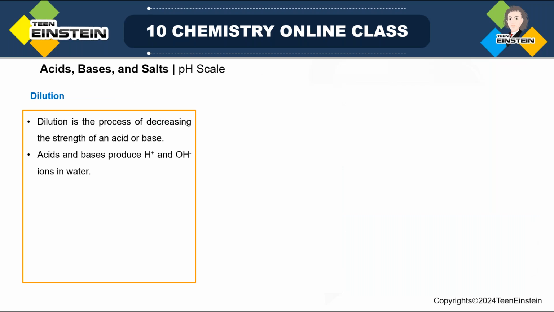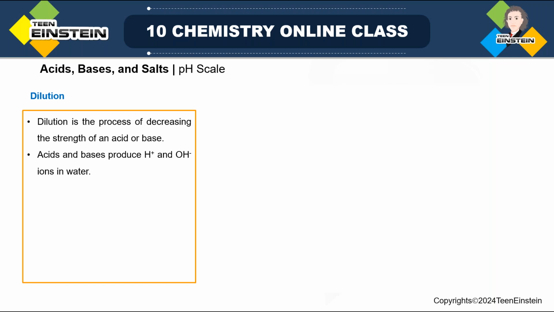Next topic is the pH scale. This is something new, pH. But before going to this, we have to understand dilution. We have already talked about this in the chemical properties of acids and bases, in the reaction between acid and metal, where we mentioned dilute acid, that you take some dilute HCl or H2SO4 and react it with sodium or magnesium.